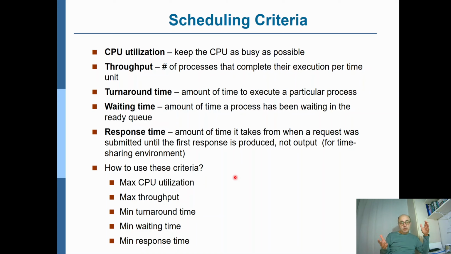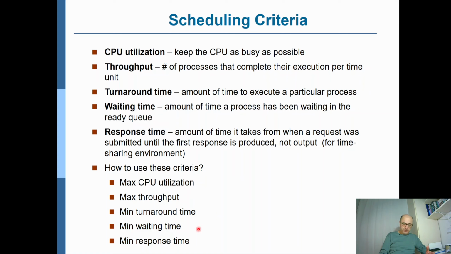But you should try to minimize the turnaround time, the time from the beginning to the end. Of course, you should also try to minimize the time spent in the ready queue because it's just wasted time. And also, you would like to minimize the response time so that the system becomes more responsive. Unfortunately, these criteria are typically contradicting with each other.